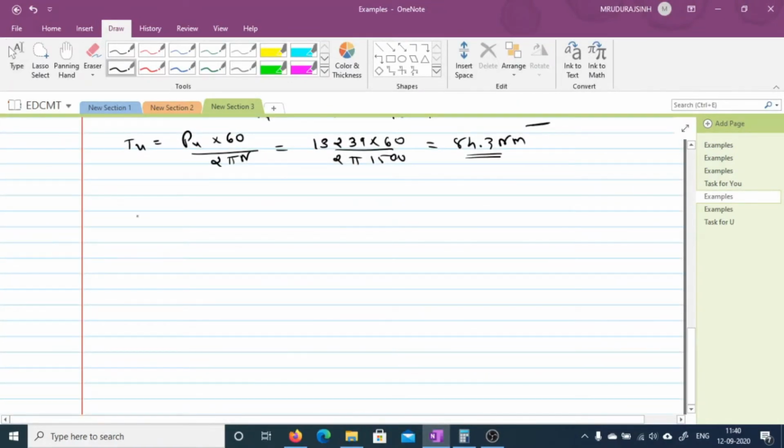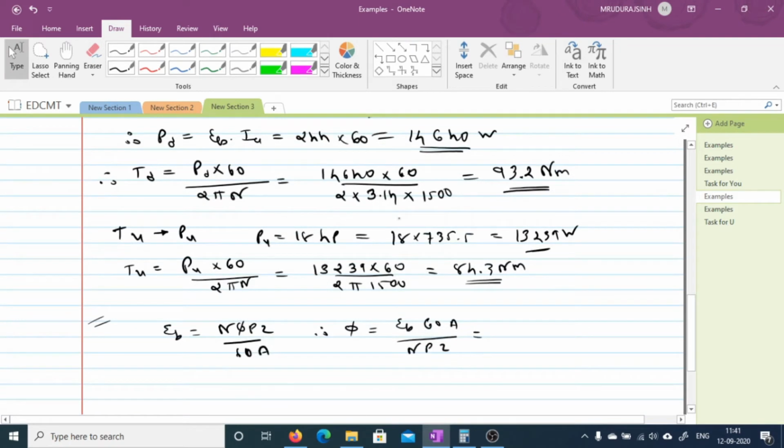To calculate flux per pole, the equation for back EMF is E_B is equal to N phi P Z by 60A, and if we rearrange this equation, flux is equal to back EMF into 60A divided by N P Z. The value of E_B we have just found, that is 244, multiplied by 60.